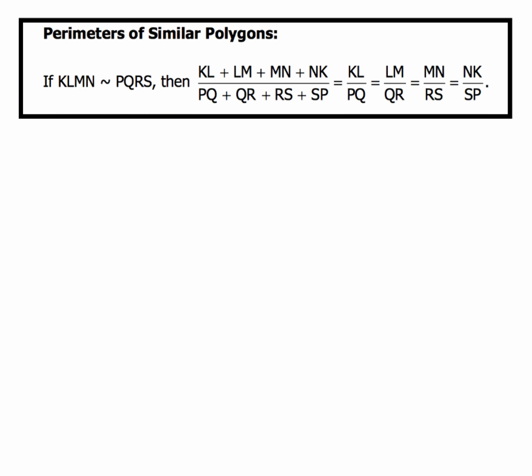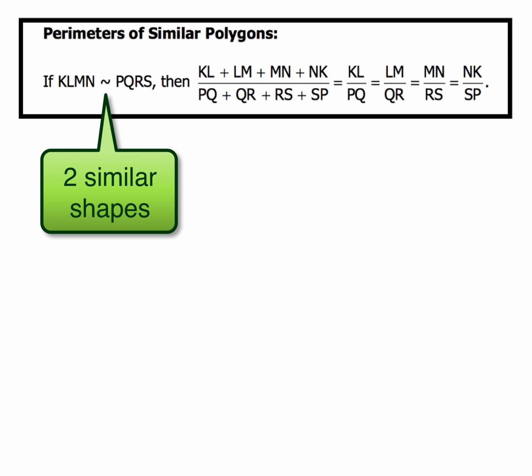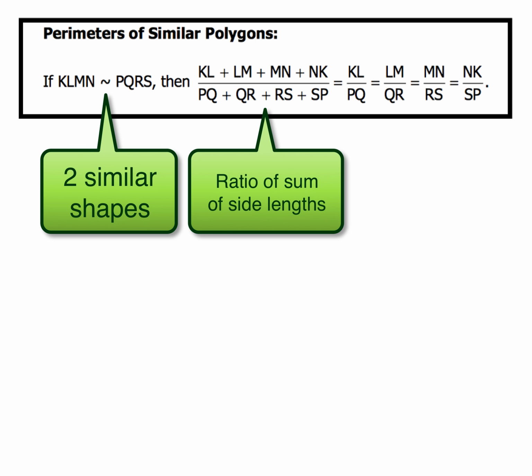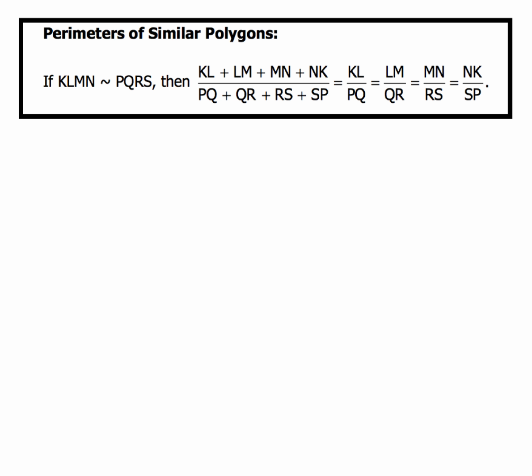Now before we get into example number 4, we're going to have this equation here about perimeters of similar polygons. It's not really a theorem per se, but it is kind of a rule here in geometry. If you've got two shapes that are similar, then you can take their side lengths, add them up, and find their proportion of one figure to another figure, and that ratio of their perimeters is going to be equal to the ratio of any of the sides.